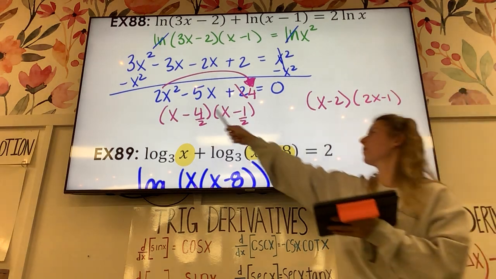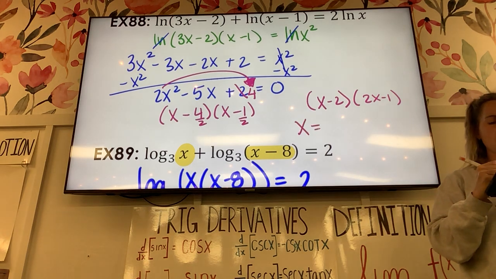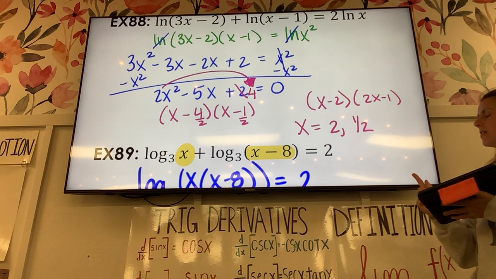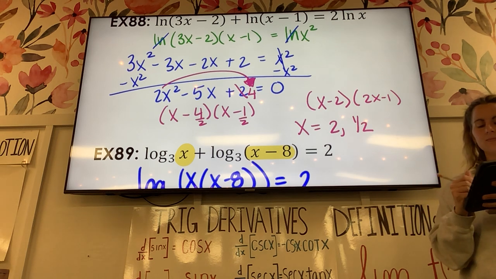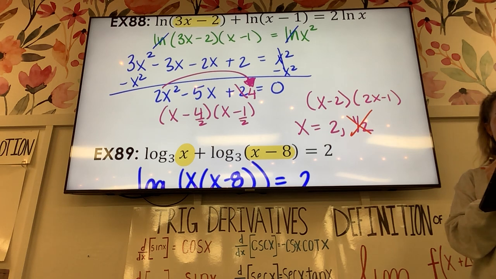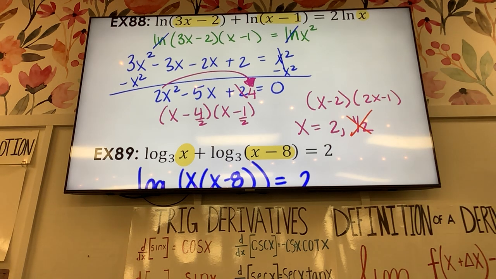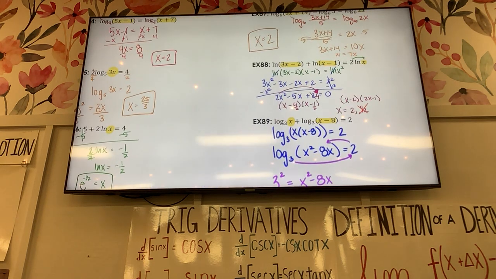All right, because 4 divided by 2 is 2, and then bottoms up this guy, which means my two answers are 2 and 1/2. Which one's extraneous? The 1/2. And when you plug 1/2 back in. Always going to be extraneous. Not always, but a lot of times. I hesitate to say always, but a lot of times one will be.